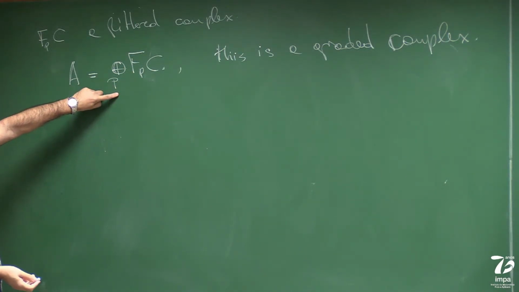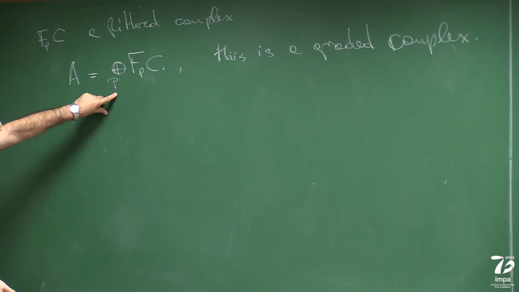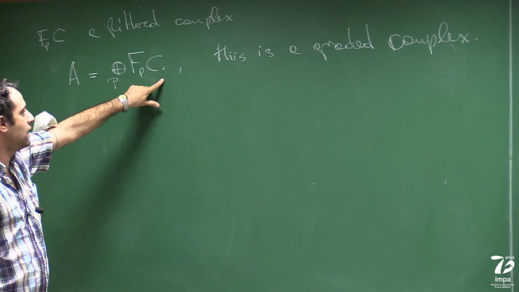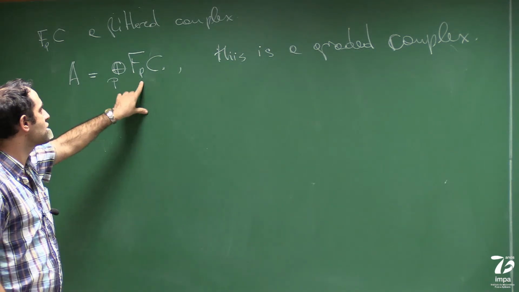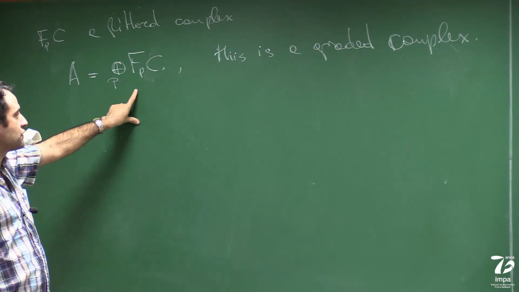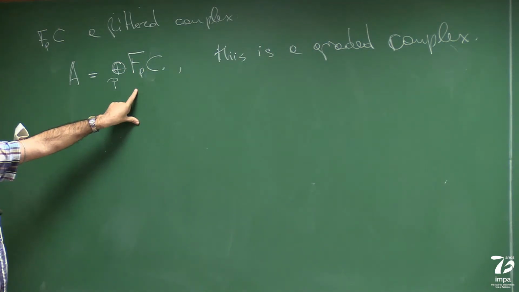The degree is given by this p. So this is a direct sum of things like this. Each one of these FP is a complex, and the differential on each one of these FP is the same. It's coming from the differential in C that I'm just restricting to a subcomplex, FP of C.